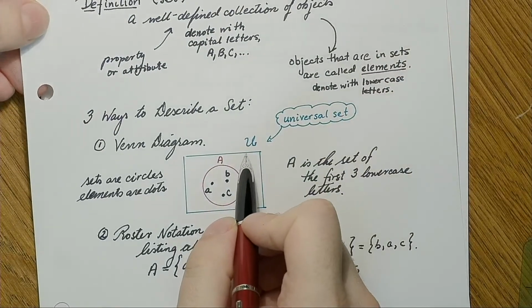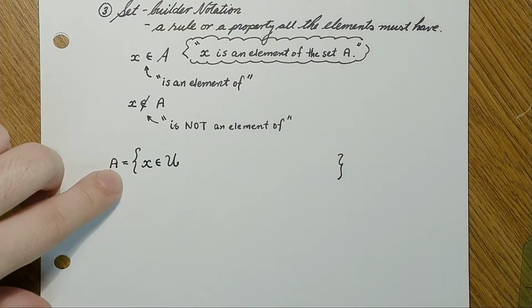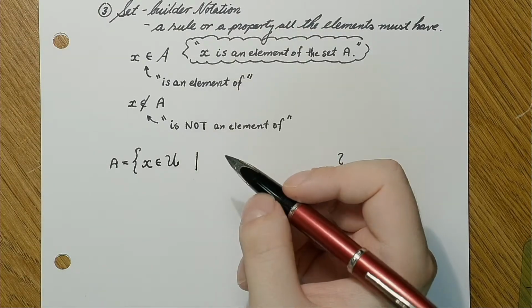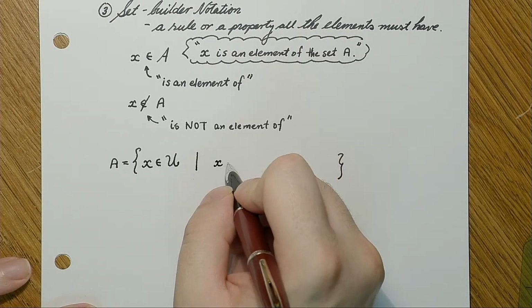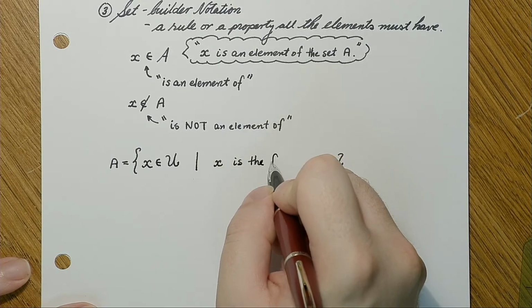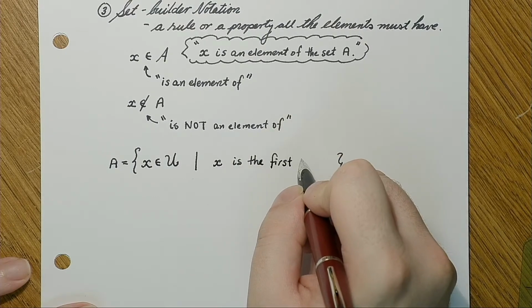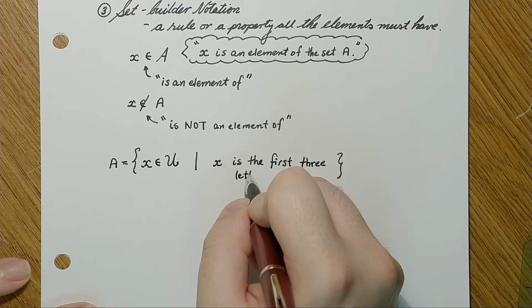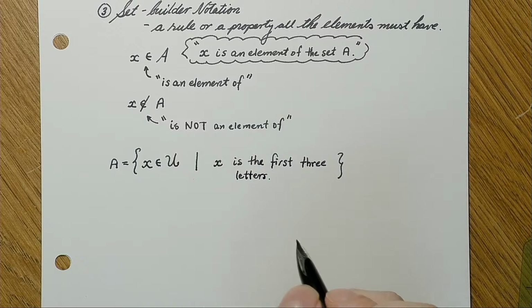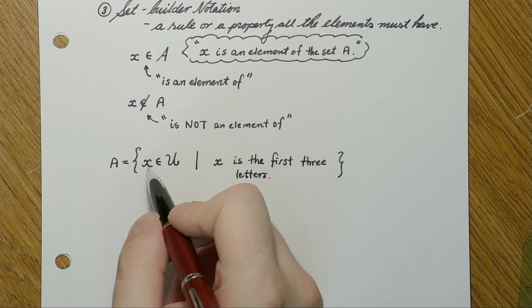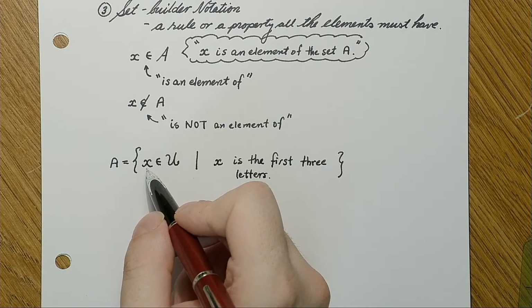So again, here it is. We have the elements are in the universal set. So we're going to talk about A such that x is the first three letters. Notice that it's not necessarily that x is one of the first three elements, it's the first three letters. x is simply a placeholder.